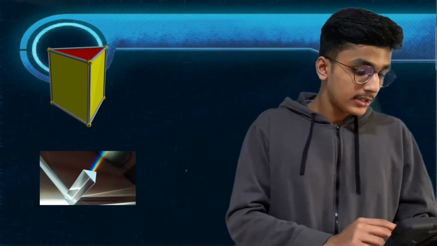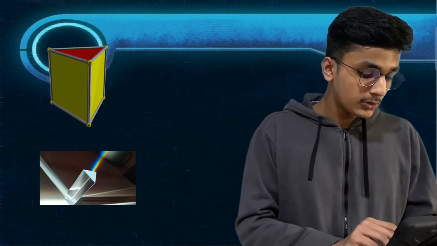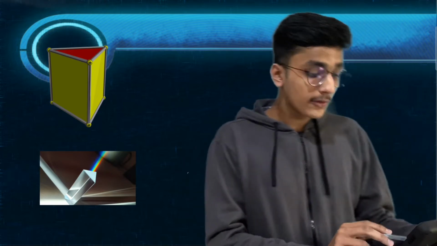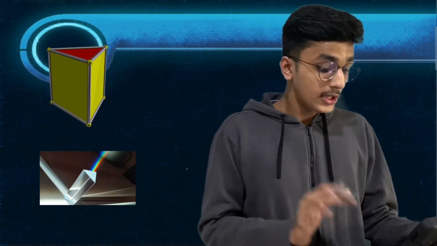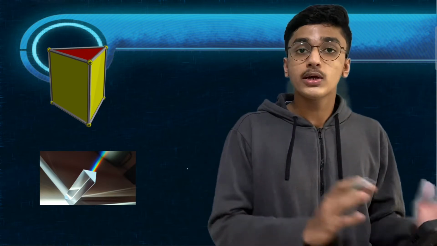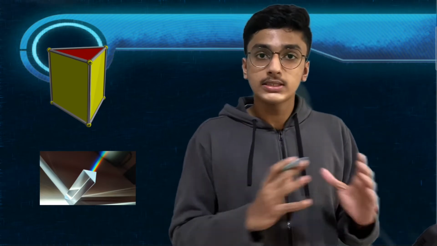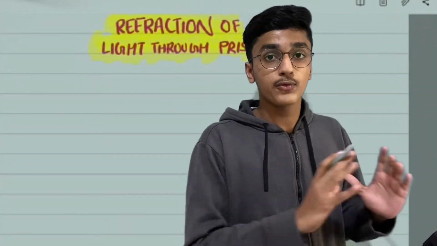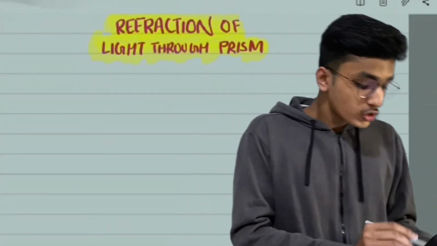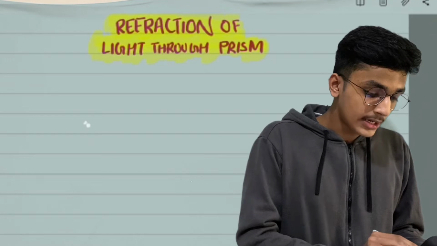Coming to the next point, we can do an activity on it: refraction of light through a prism. We are going to show a diagram which signifies this refraction of light through a prism. So let's first of all draw a triangle.